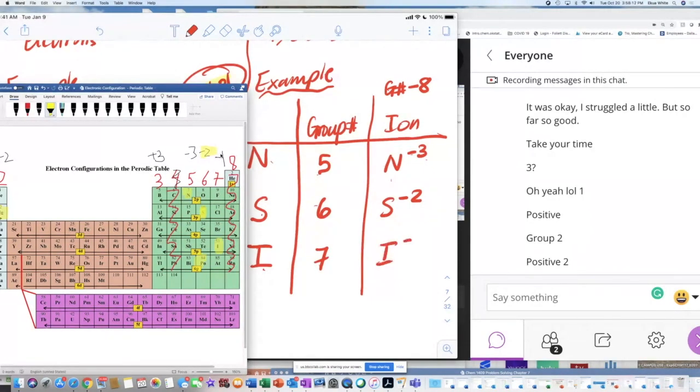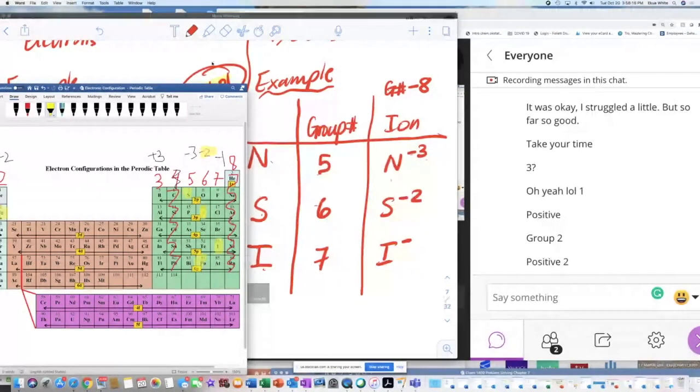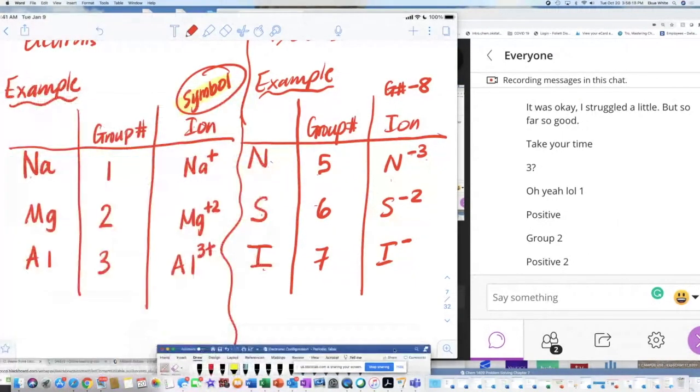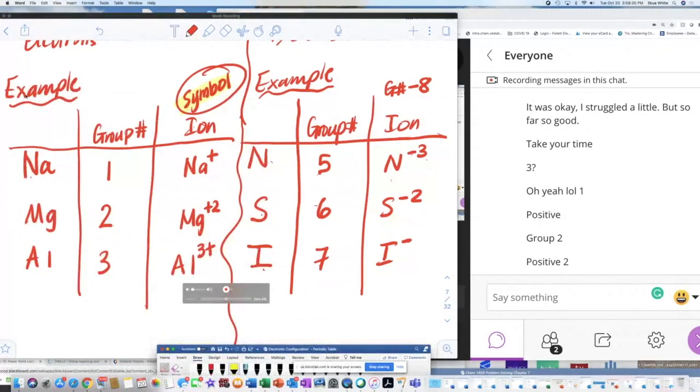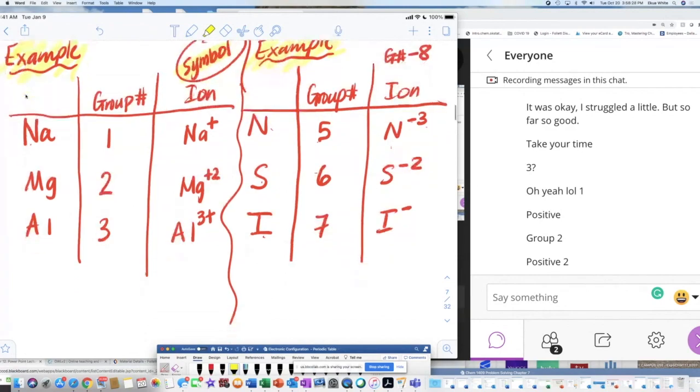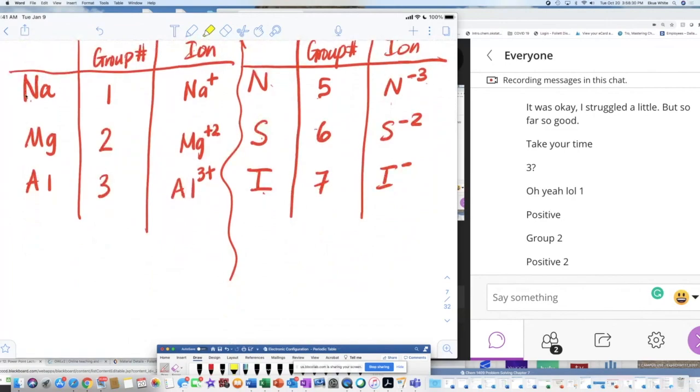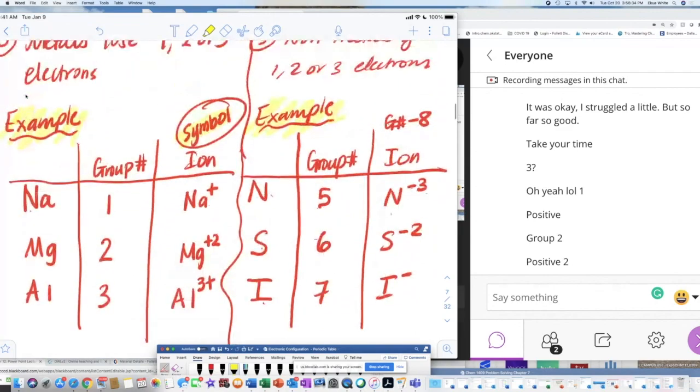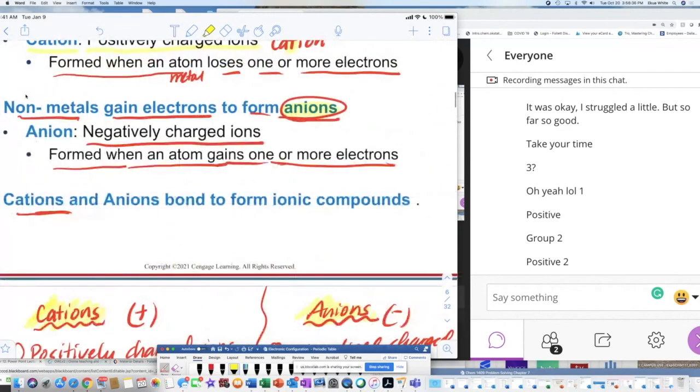I -1, where the 1 is implied. So we leave it as is. Okay? So by using this, I've just shown you examples of cations and anions. And here they are. Remember, you can use the group position to figure out what they are if they are monoatomic, made up of a single element. Okay? So I kind of went over a lot.